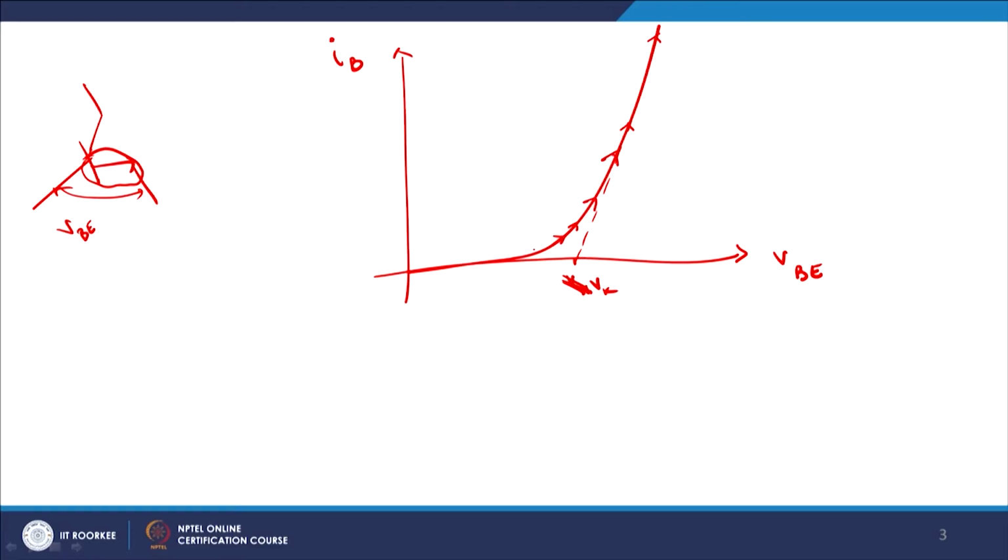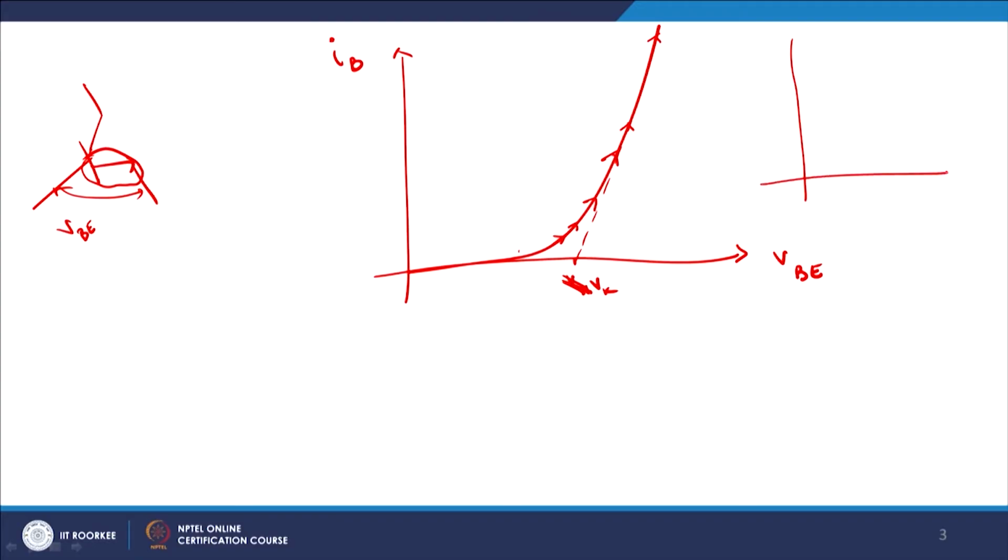Below that particular point, the current is very small. So, IB with VBE is in this manner. We have also seen from our previous discussion that if you bias your device in such a manner that your Q point is here, this is your active region.